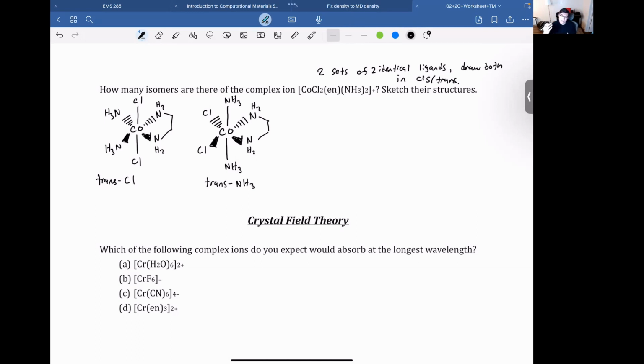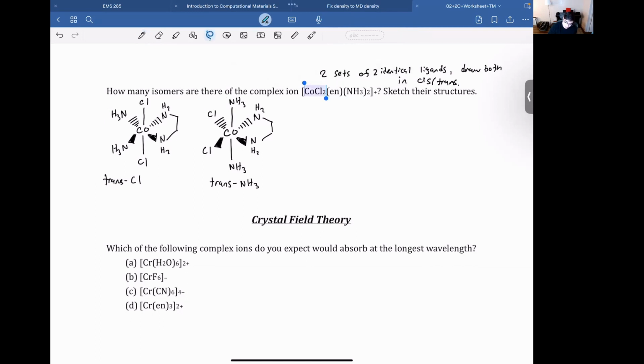Next, what you can do is draw it when they are cis. Please paste. Not sure what's happening. So if I want the chlorine cis, I'll just draw it something like this. And then I'll have NH3 over here and NH3 down here.